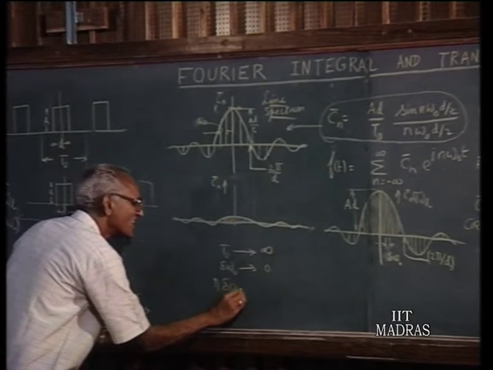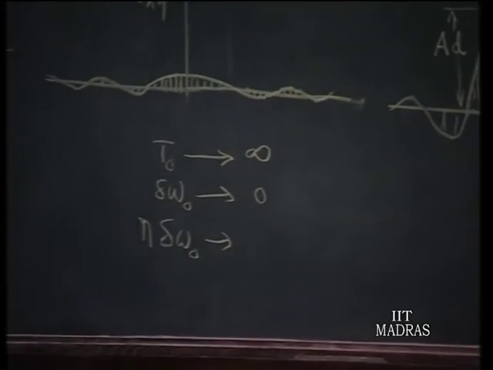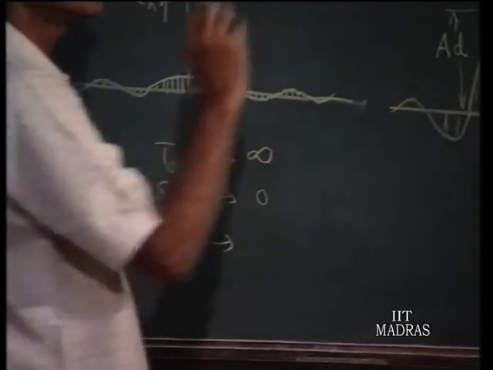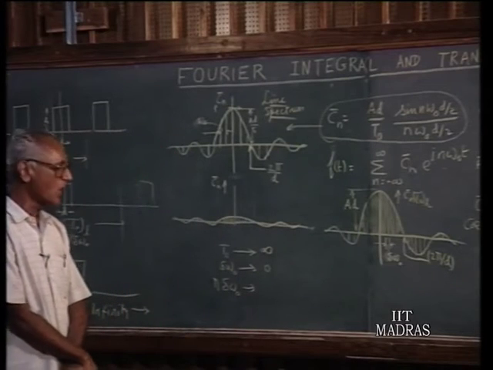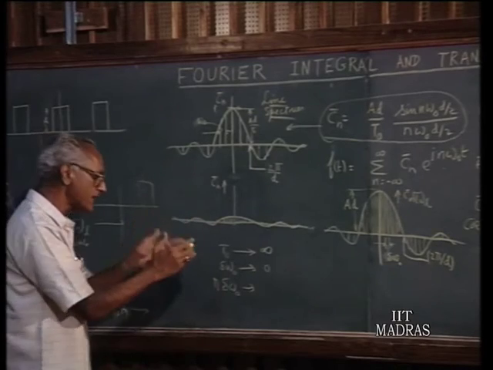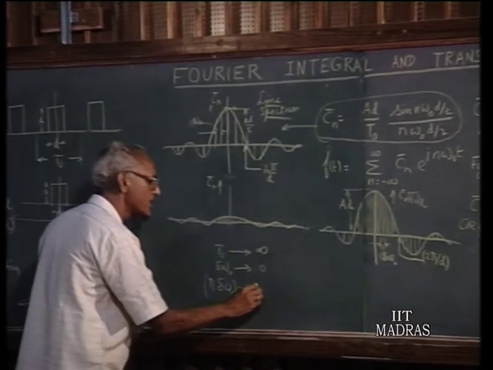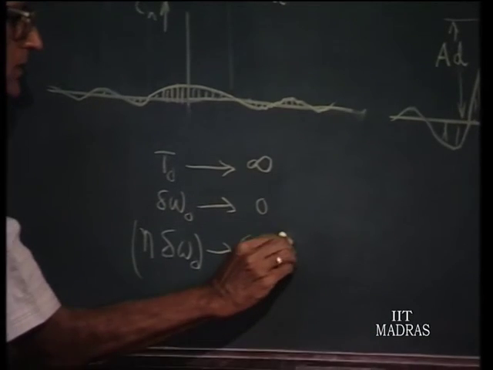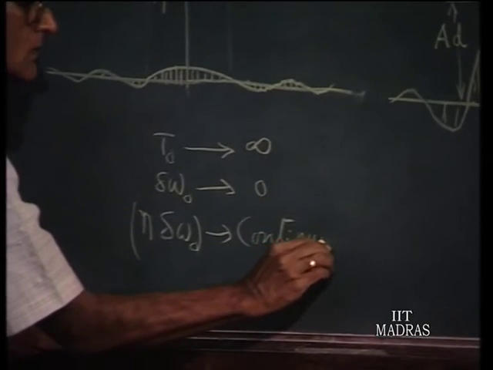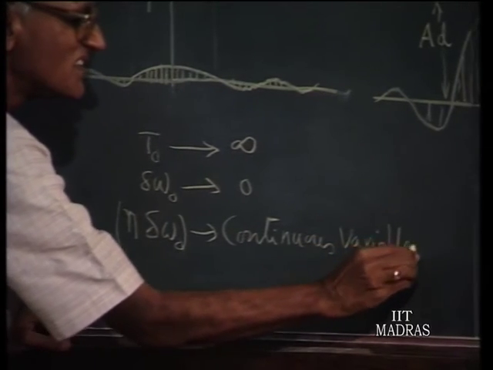what is the significance of n delta omega naught? N delta omega naught is the frequency at which a line exists in the spectrum. Now, a line theoretically exists at every point on the spectrum. So, n delta omega naught can be replaced by a continuous running variable omega.